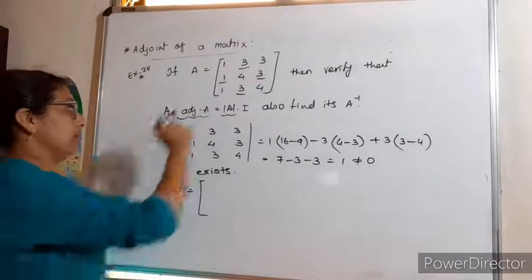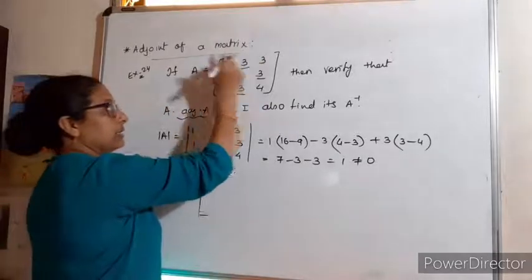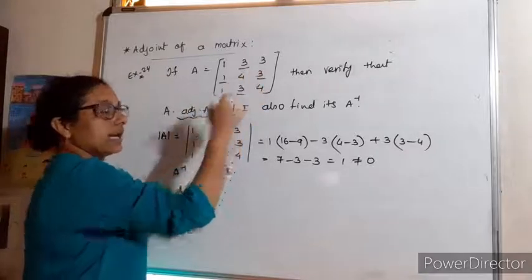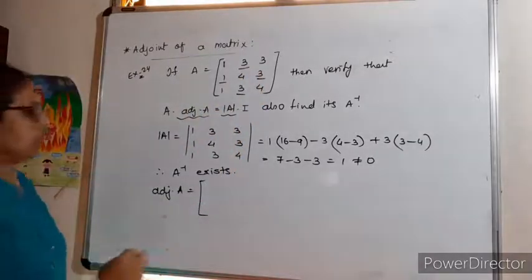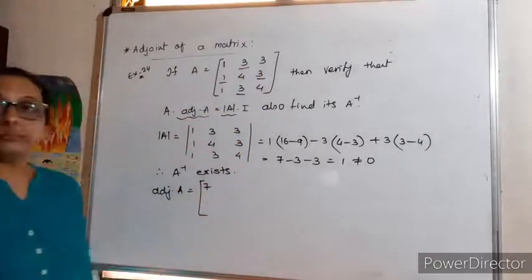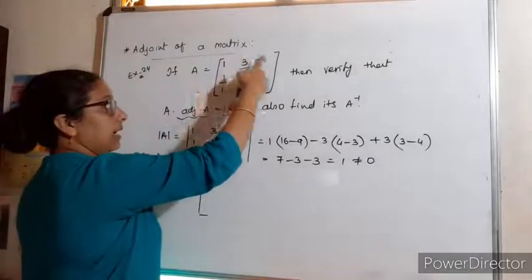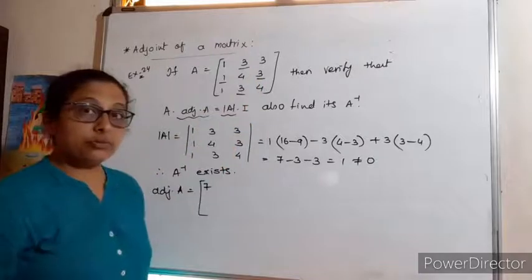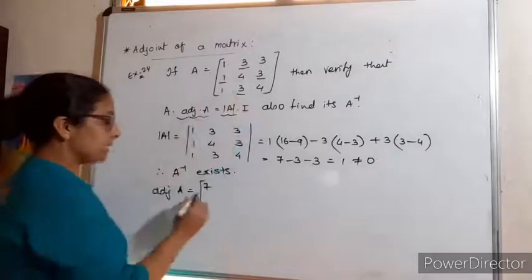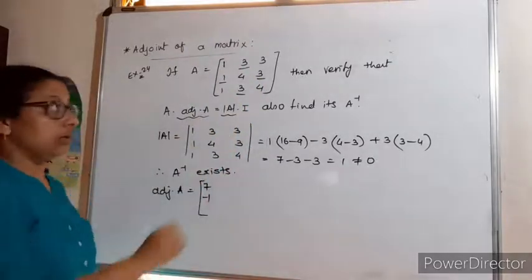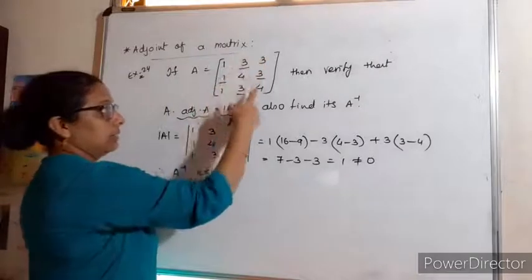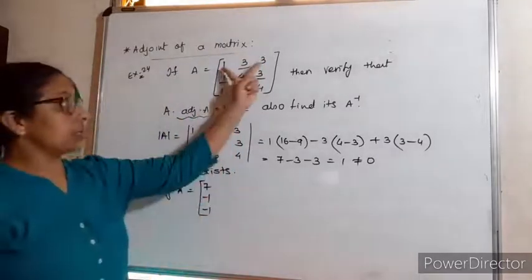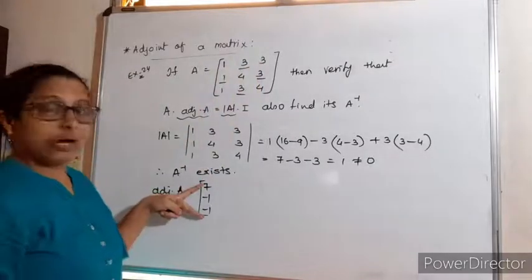First one, hide this. 16 minus 9, 7. Second, hide this. 4 minus 3, 1. But you have to change the sign at this place, minus 1. Then 3, hide this, 3 minus 4, minus 1. Your first row is complete, your first column is complete.